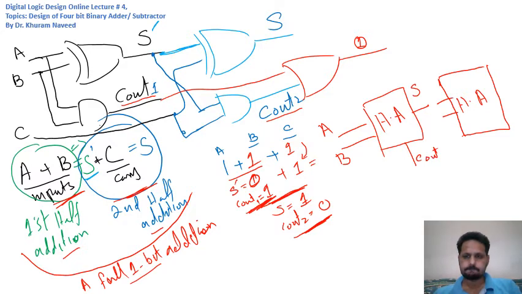Say this output of this first half adder will be the input of the next half adder, and then there is third input C, that is the carry from previous addition.